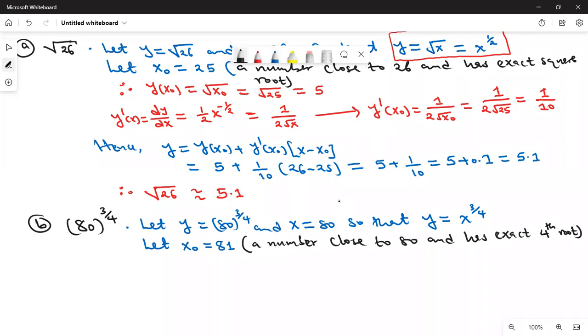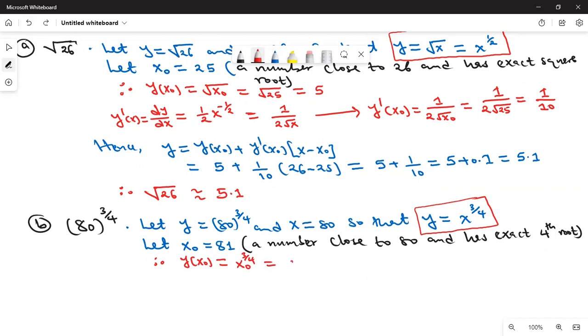So now that we know x naught, we can find y at x naught. Remember, this is y of x. y at x naught is equal to x naught raised to 3 over 4. Now x naught is 81, not 80.